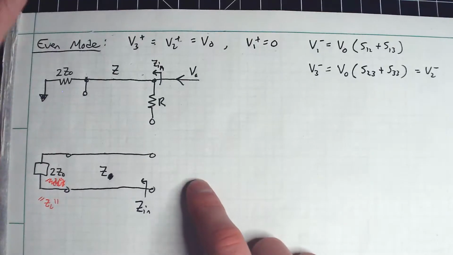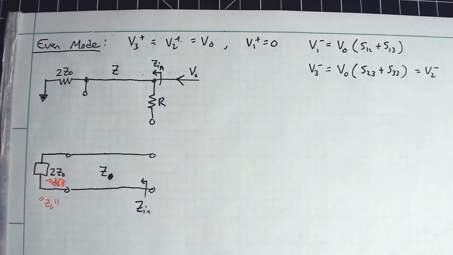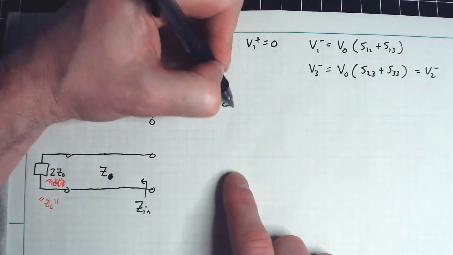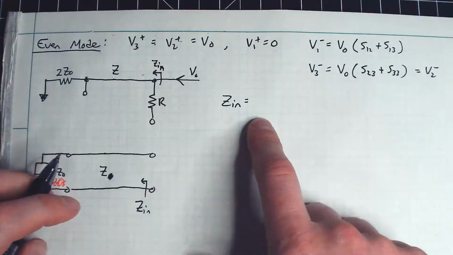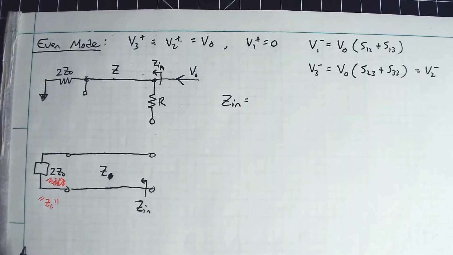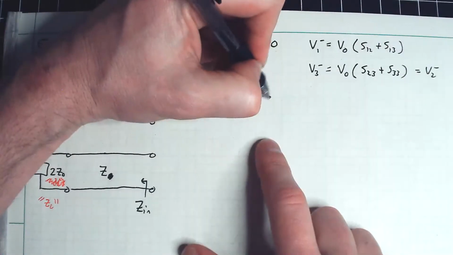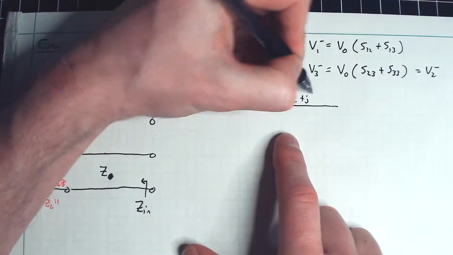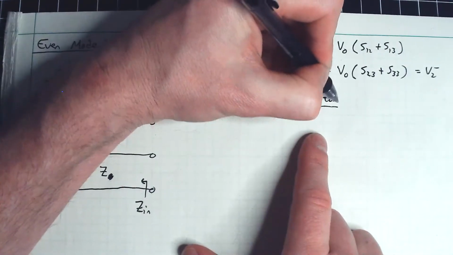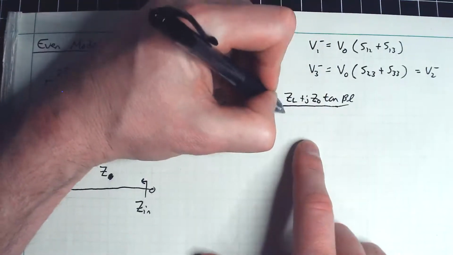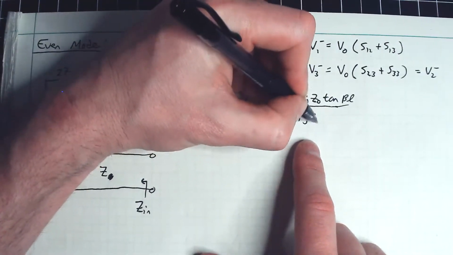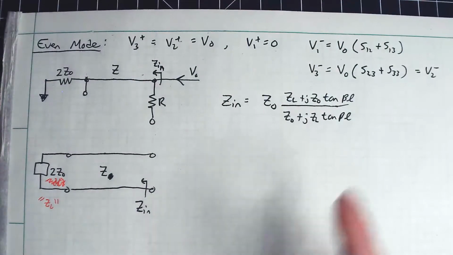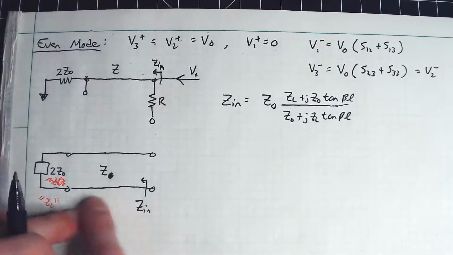Well, remember the transmission line input impedance equation followed the following. So we said Z in would be, for any sort of arbitrary system like this, Z0 times this. So you had ZL plus j Z0 times the tangent of beta L over Z0 plus j ZL times the tangent of beta L. And we specifically said this has to be a quarter wavelength here.